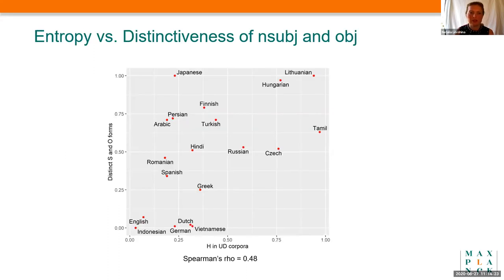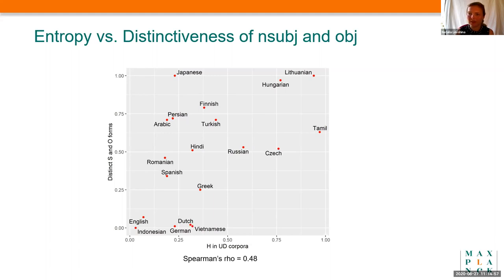Right, so this graph now shows the correlation between word order entropy on the horizontal axis, and on the vertical axis, the distinct subject and object forms. So it's the proportion of lemmas that are distinct. This kind of is a proxy of case marking. So Hungarian and Lithuanian and Japanese have high distinctiveness.